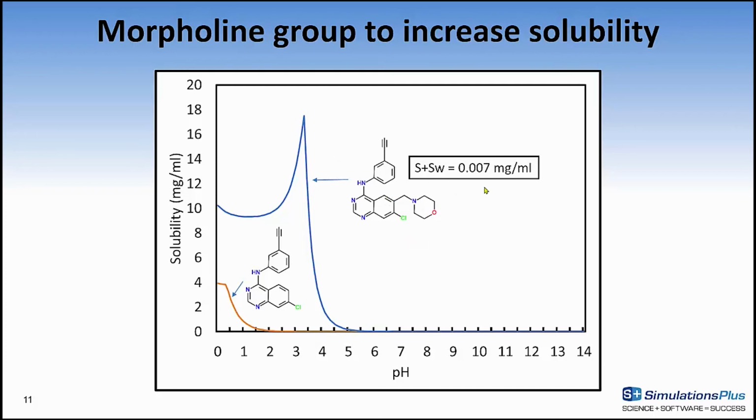Now, what we call the native solubility, this is the solubility of the saturated solution, is 0.007 milligrams per milliliter compared to this other molecule that was 0.001. So this is 7 times more soluble at each one of their native pHs.